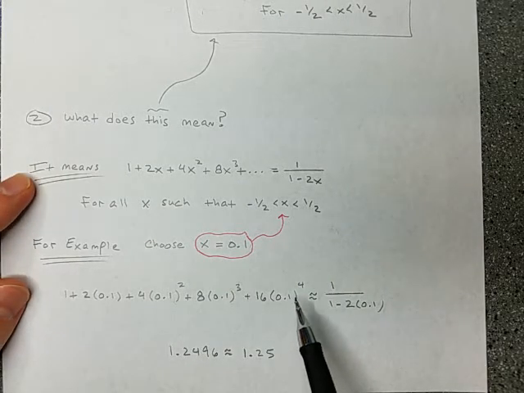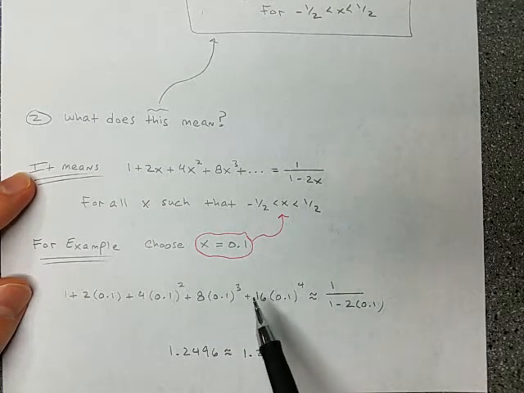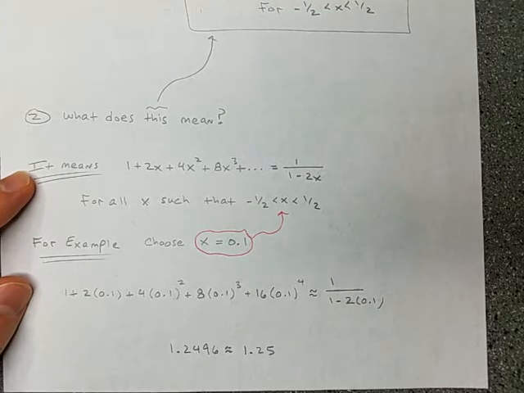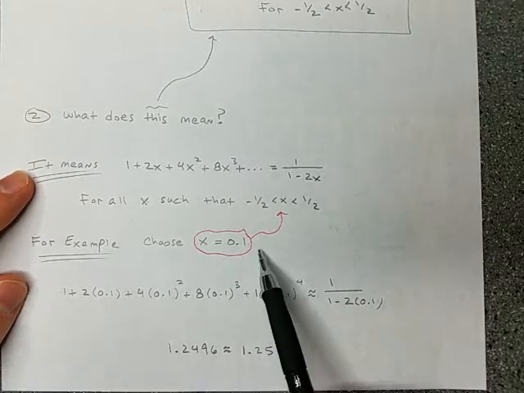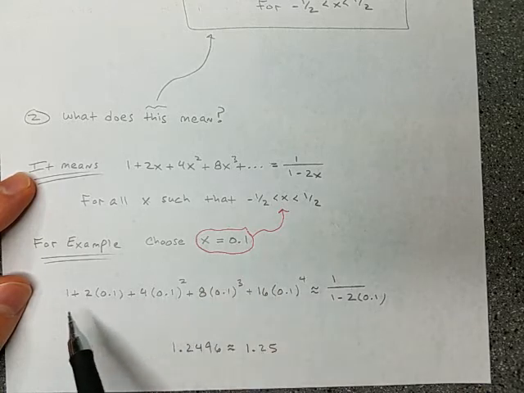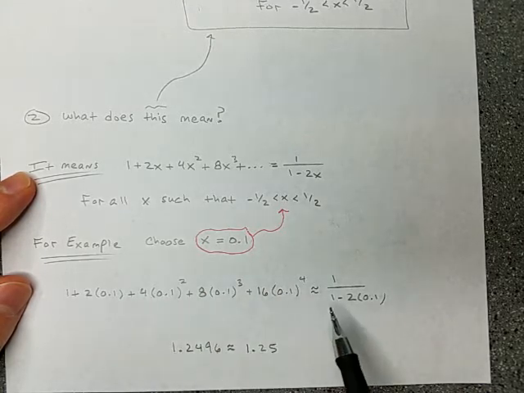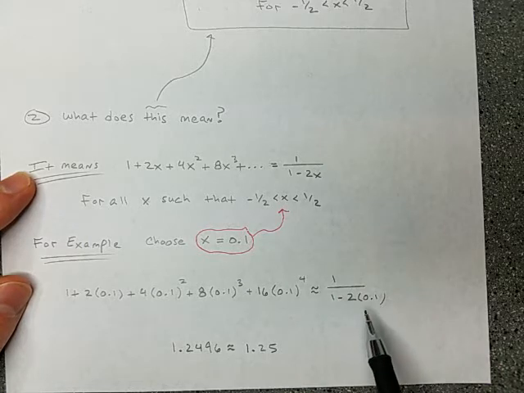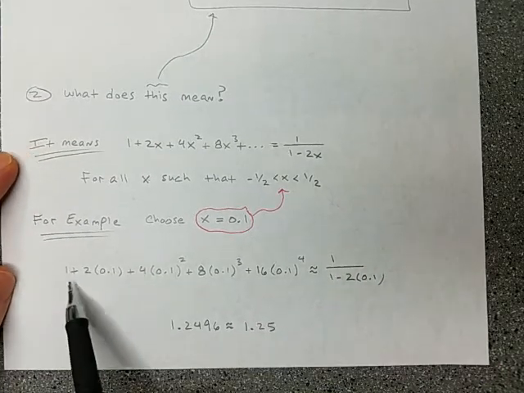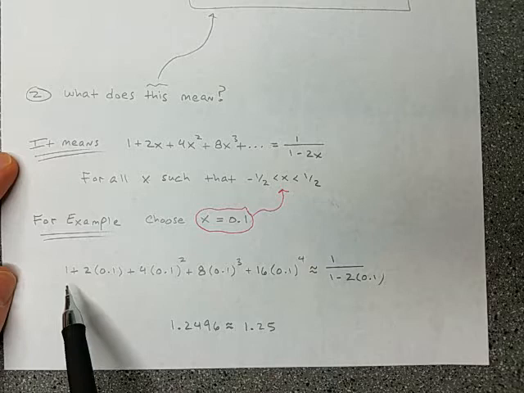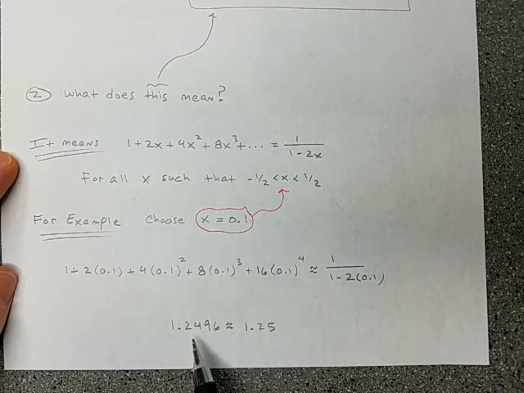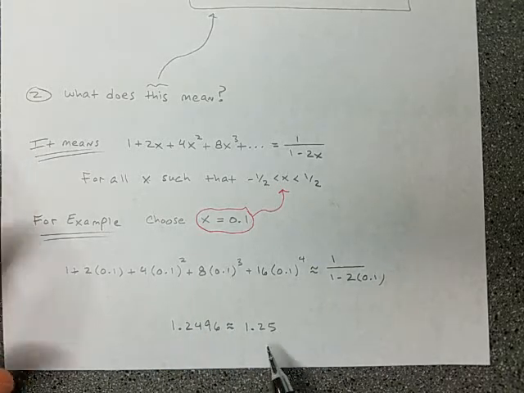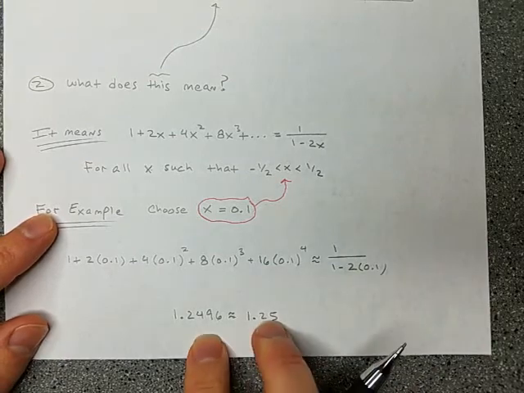But I wrote it up to the term 16x to the fourth power. So I put that x in, you get 1 plus, there it all is. And then I put that same x into this function, 1 over 1 minus 2 times 0.1. And I calculated both of them with my calculator. I got 1.2496. I did that. I got 1.25. They're real close.